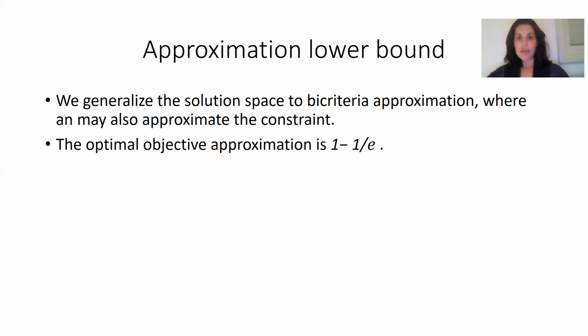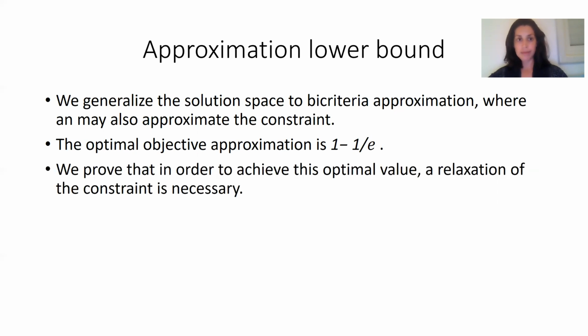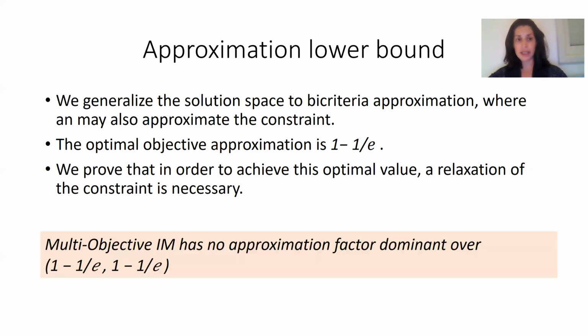As in the original influence maximization problem, the optimal approximation ratio for the objective is 1 minus 1 over e. We prove that in order to achieve this optimal value, a relaxation of the constraint is necessary. We prove that the multi-objective influence maximization problem has no approximation factor that dominates the generalized bound that was proven for the classical influence maximization problem.